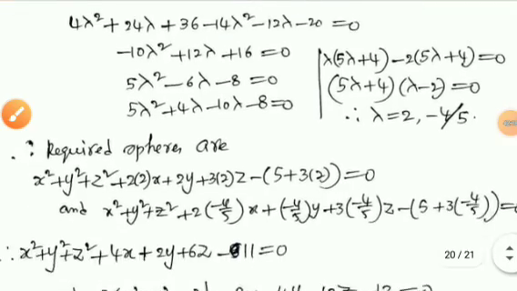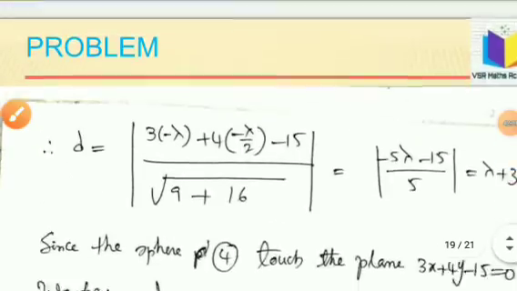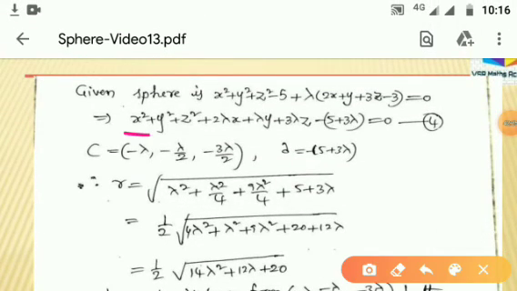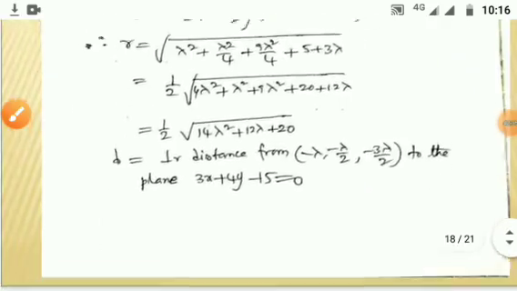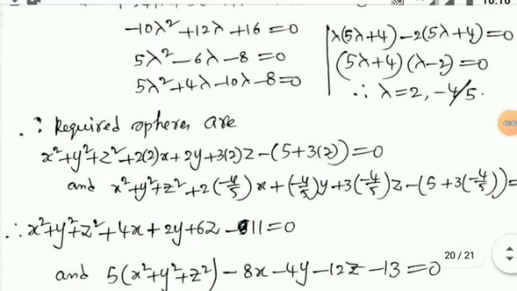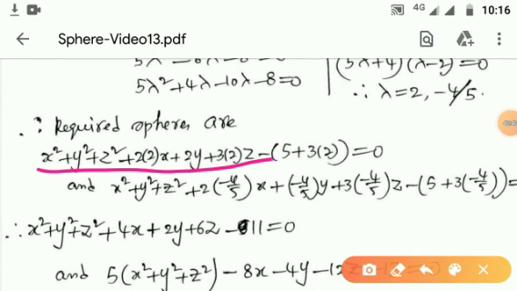So by taking the two values of lambda in this equation, lambda is equal to 2 and lambda is equal to minus 4 by 5. By substituting these two values in this equation, you will be left with two equations of the spheres which are the required spheres. So by taking lambda is equal to 2 in the above equation, you will get like this, and by taking lambda is equal to minus 4 by 5, you will get like this.